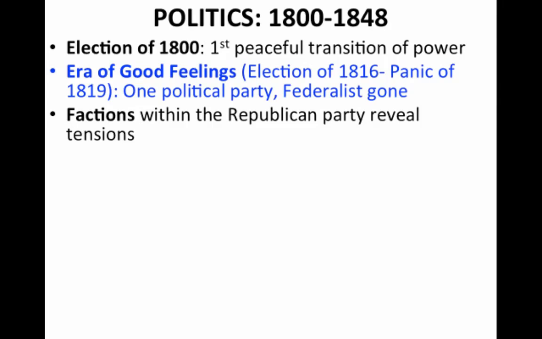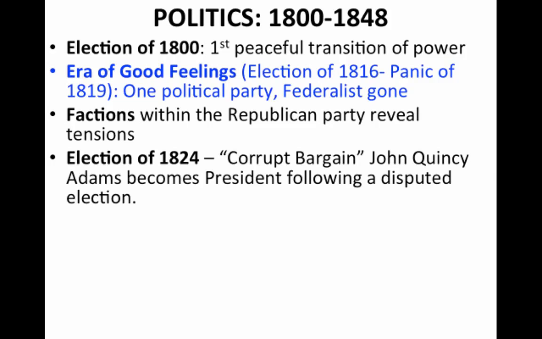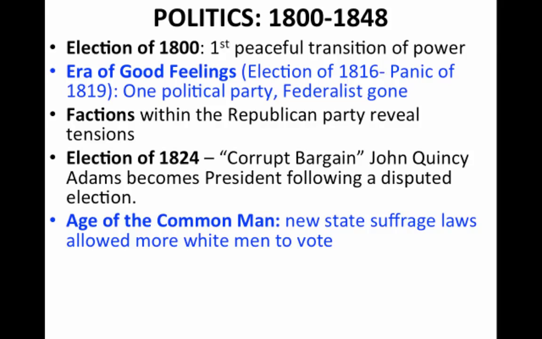They have disagreements over issues like slavery and tariffs, and all of it will crumble with the election of 1824 and the so-called corrupt bargain, when John Quincy Adams becomes president following a disputed election, and suddenly Henry Clay becomes Secretary of State, and you have this period of political tension.